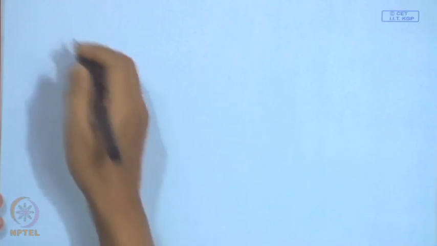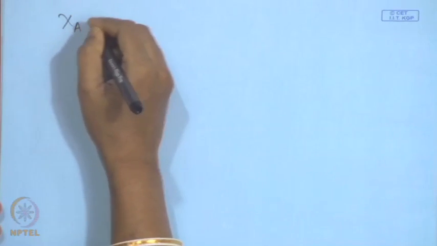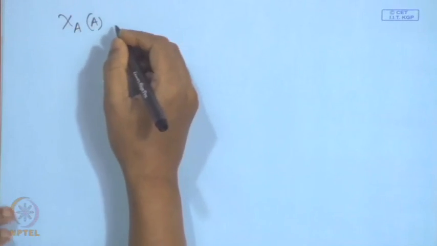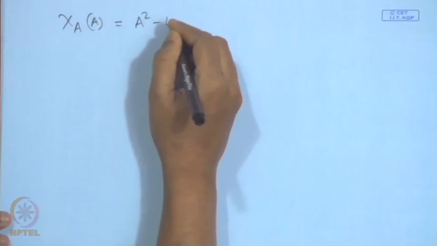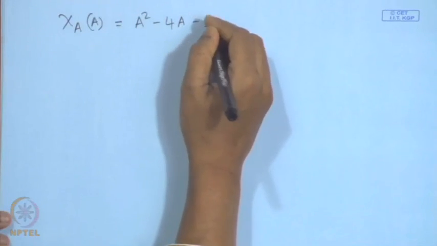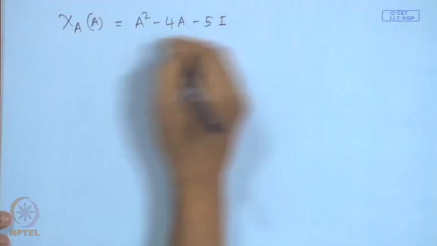Now we find chi A, which is A square minus 4A minus 5I.